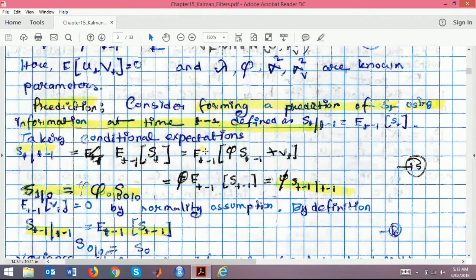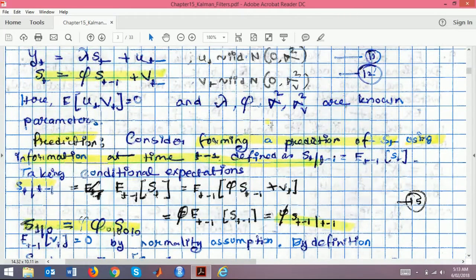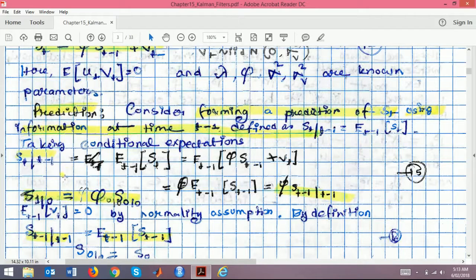Prediction. Consider forming a prediction of st using information at time t minus 1, defined as st conditional upon information at t minus 1, equals the expected st given the last period, t minus 1. Taking conditional expectations now, st conditional upon information at time t minus 1 is equal to st of last period. The dynamics of st, or the state equation, says phi st minus 1 plus vt.